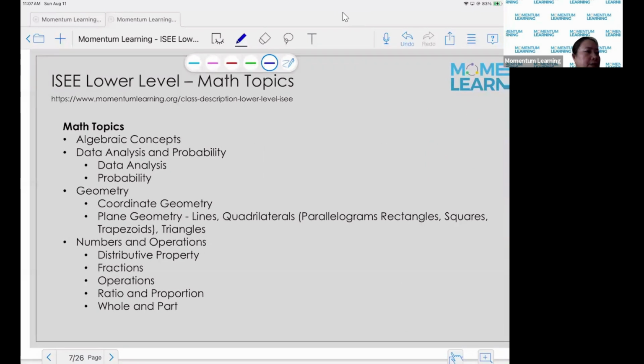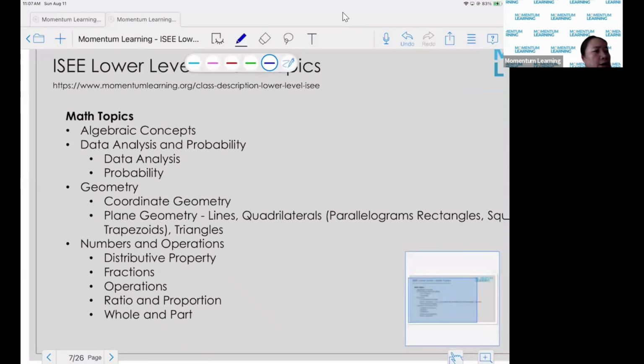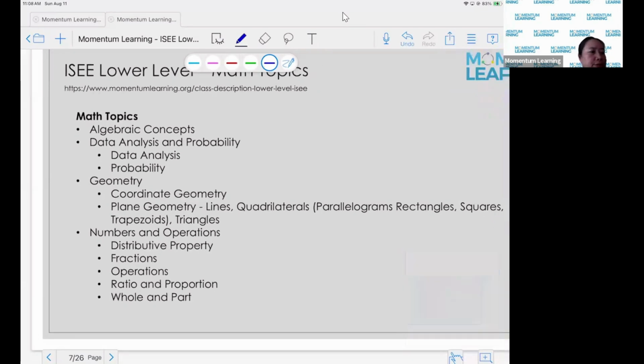The math topics include algebraic concepts and data analysis, like mean, median, and range, and also probability. We also have some geometry questions with the XY coordinate plane and plane geometry, like lines, angles, quadrilaterals, squares, and triangles.